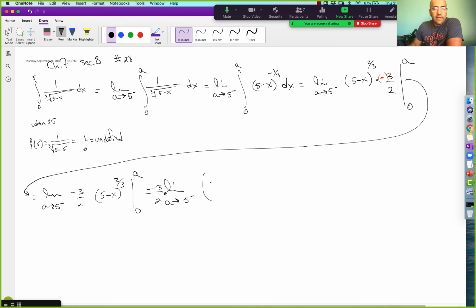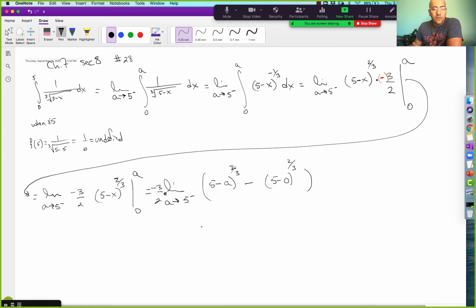And then in here I end up with 5 minus A to the power of 2/3 minus 5 minus 0 to the power of 2/3. 5 minus 0 is just going to be 5 to the power of 2/3.